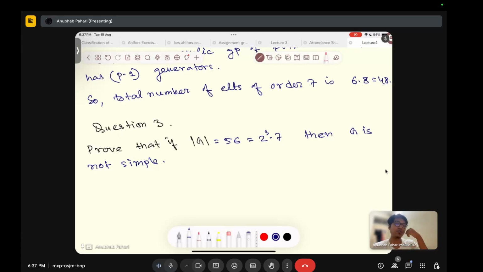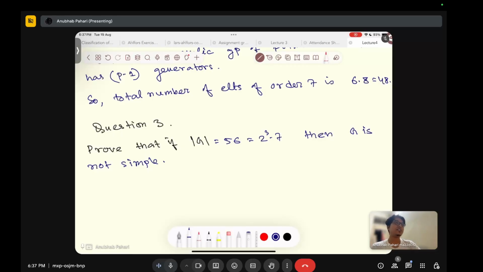Yes, the way you have got is right, but the argument should be more precise, like why the Sylow 2-subgroups should be normal. Can you think about that part? What we did in the previous one can be used here: how many elements of order 7 are there.